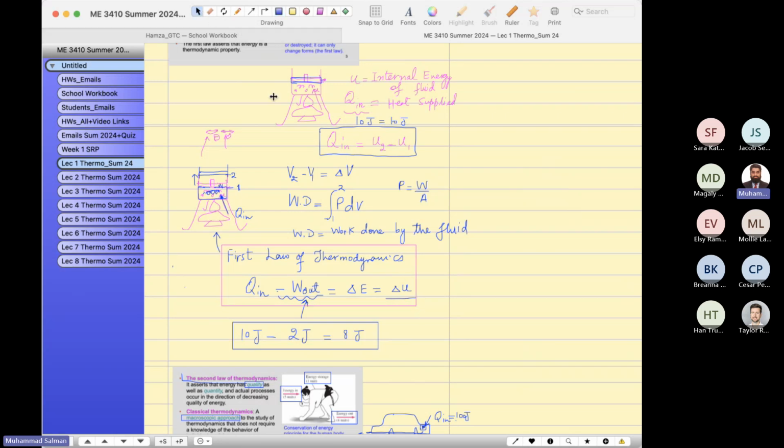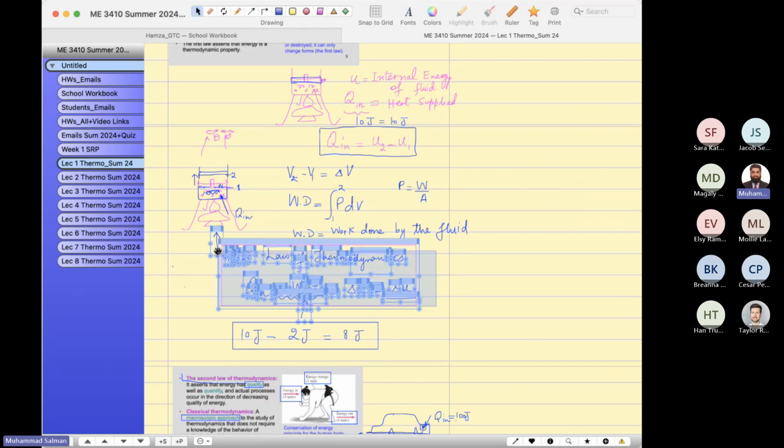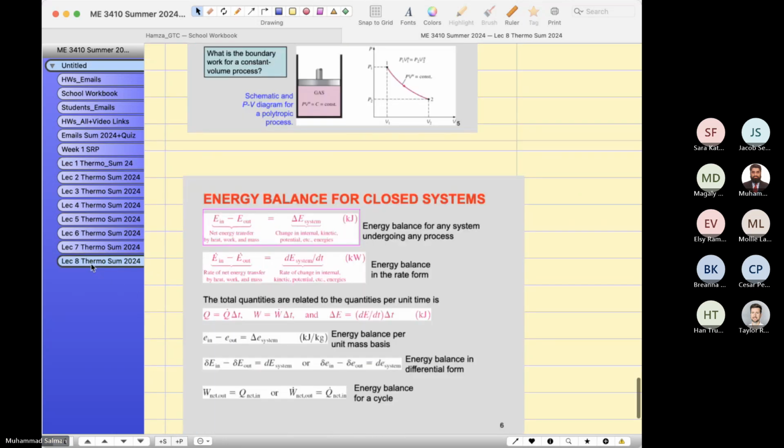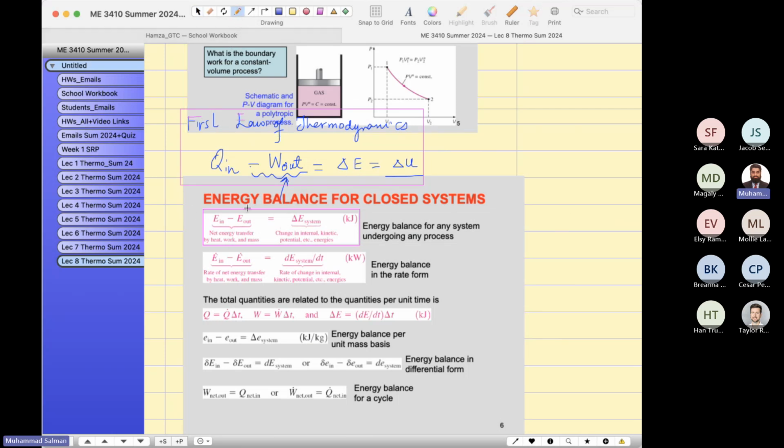And this is the same slide. It is coming again. Look over here. This slide is telling us the same story. For a closed system, this is Q in minus work out equals change in internal energy.